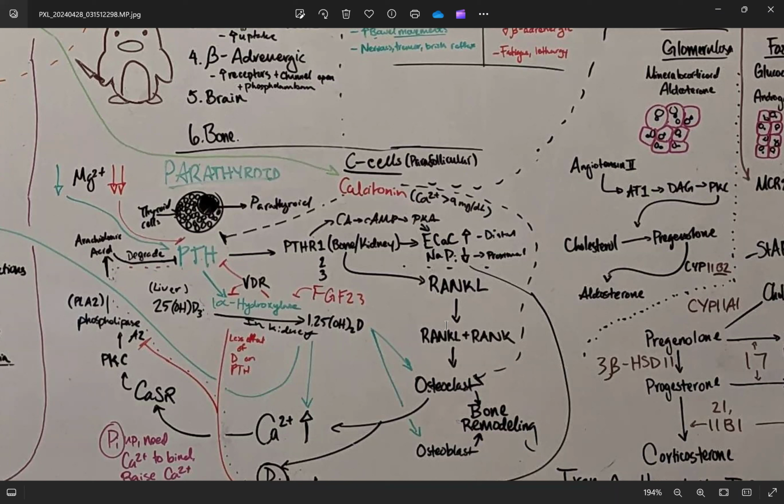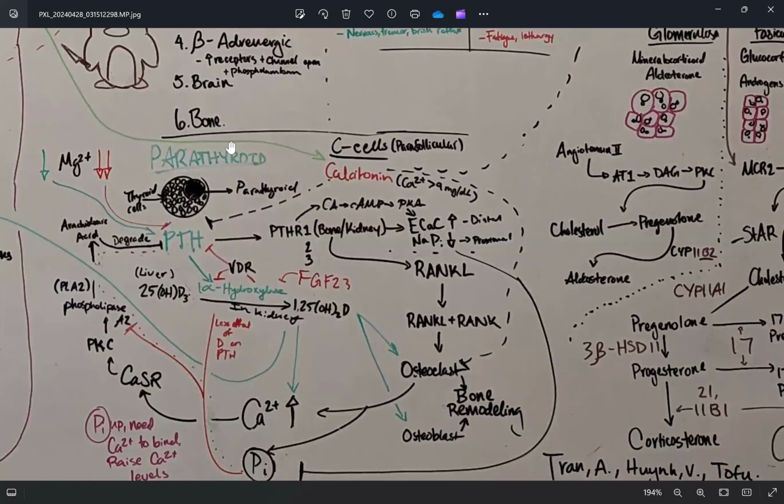What that does is enhance calcium absorption in the intestine by increasing expression of TRPV6 and Ca-ATPase in the intestine. It also stimulates both osteoclasts and osteoblasts in bone remodeling, which makes sense because you need both for bone remodeling, for good healthy bones.